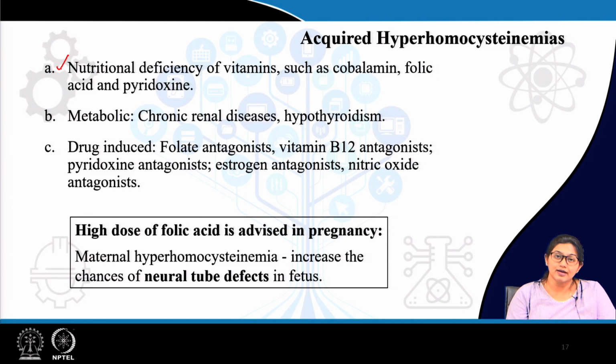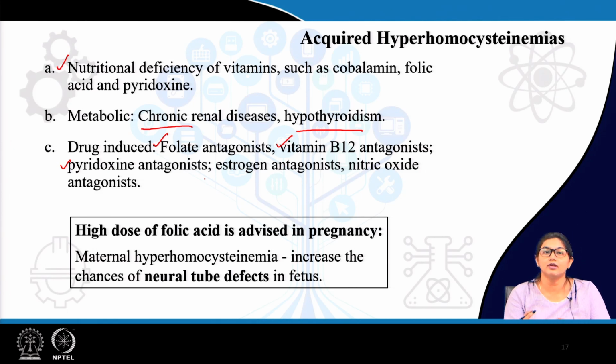Then there can be metabolic defects like chronic renal disease or hypothyroidism, and also a few drugs like folate antagonists, vitamin B12 antagonists or pyridoxine antagonists. They actually produce a scenario like folate, vitamin B12 or pyridoxine deficiencies.